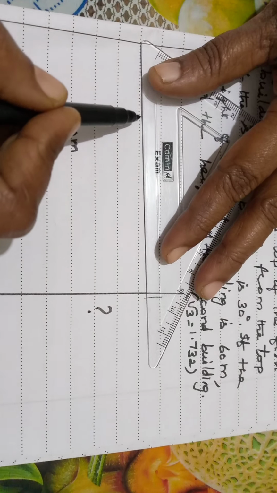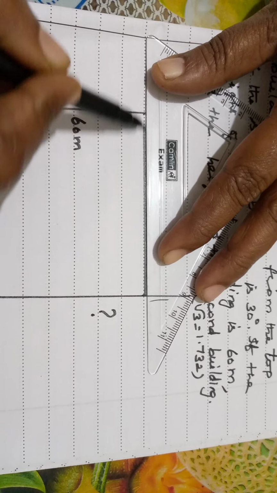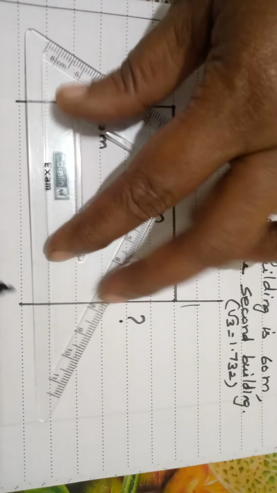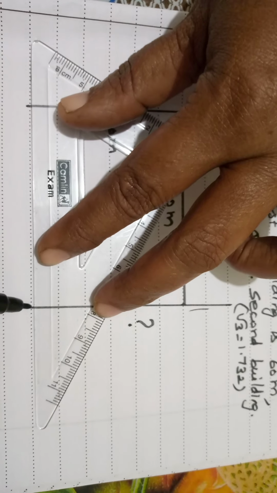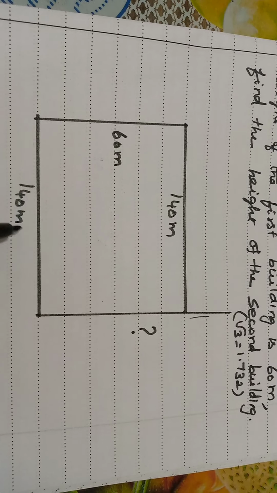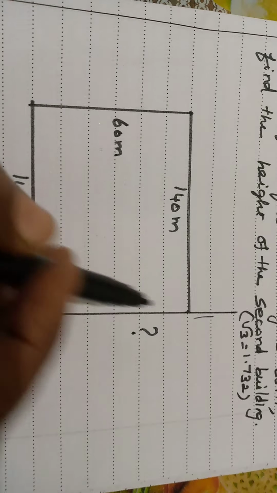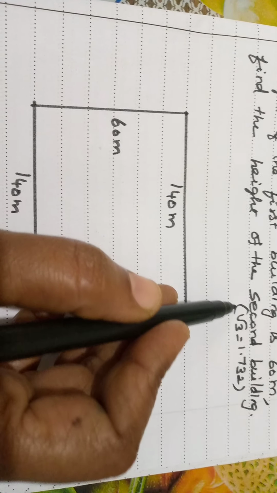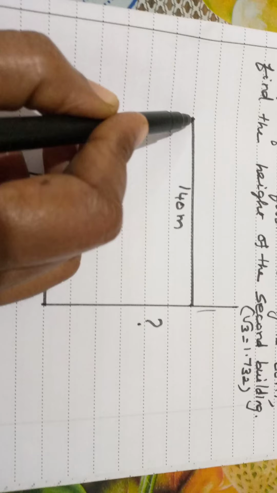So join the horizontal distance, 140 meter. So here also it will be equal 140 meter. So what is given? The angle of depression of the top of the first building. Top of first means here.